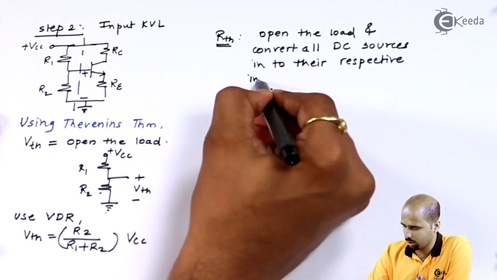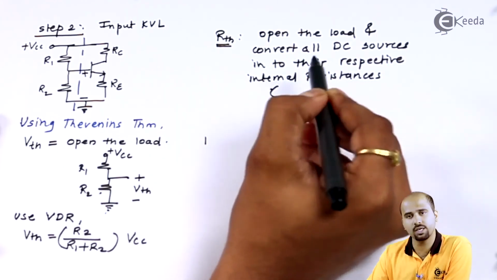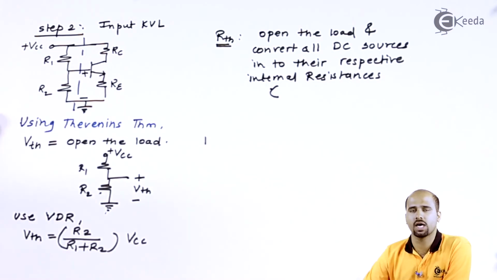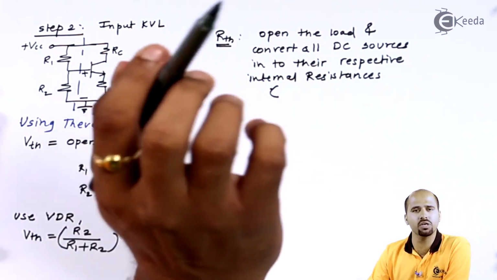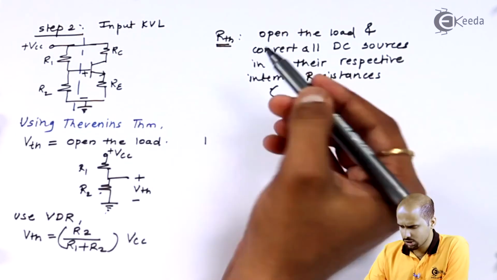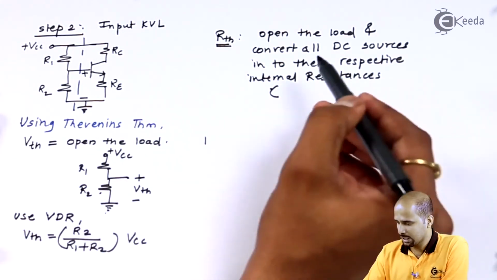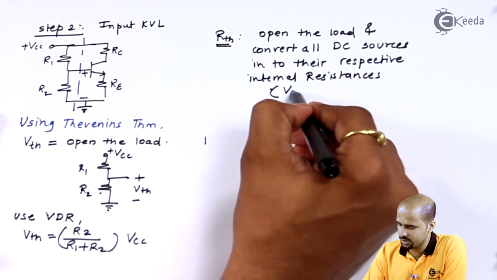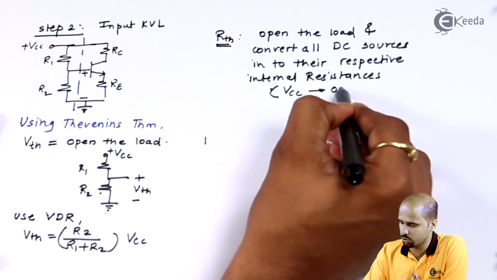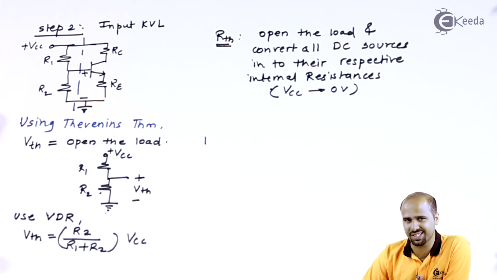As I know, the internal resistance of a voltage source is nothing but 0, that is the short circuit. So can I say that this VCC is directly connected to ground? Yes, obviously. So this VCC becomes 0 volts, that is the short circuit, right?